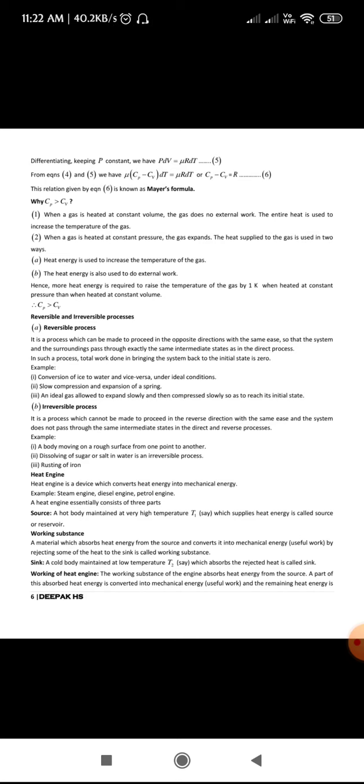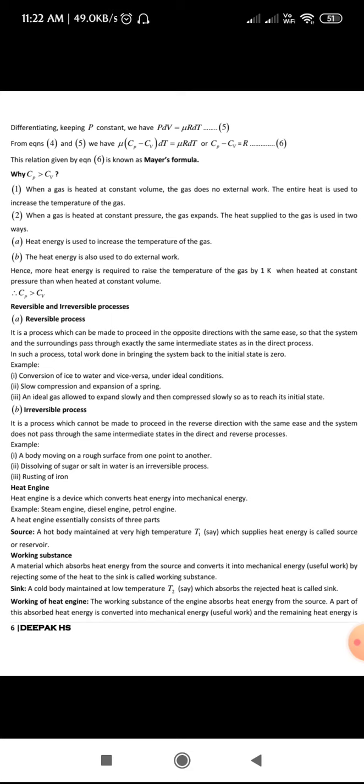It is a process which can be made to proceed in the opposite direction with the same ease, so that the system and the surroundings pass through exactly the same intermediate states as in the direct process. In such a process, the total work done in bringing the system back to its initial state is zero.